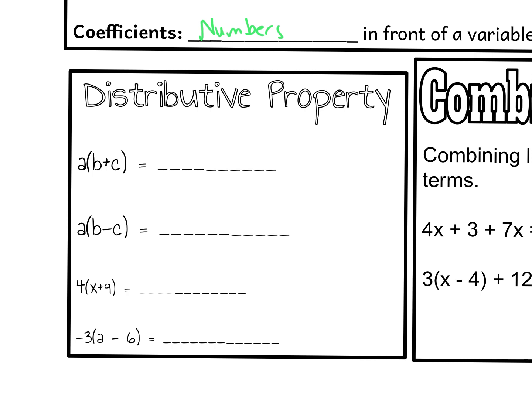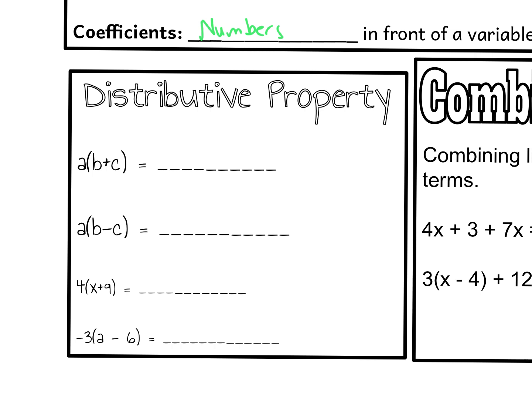Up until this point, when you've worked with order of operations, we always simplify what's inside the parentheses first. This comes up when we're simplifying expressions because sometimes we only have variables available, and so we can't simplify what's inside the parentheses because we don't know the value of the variable. But by using the distributive property, we can simplify our expression and make it easier to work with.